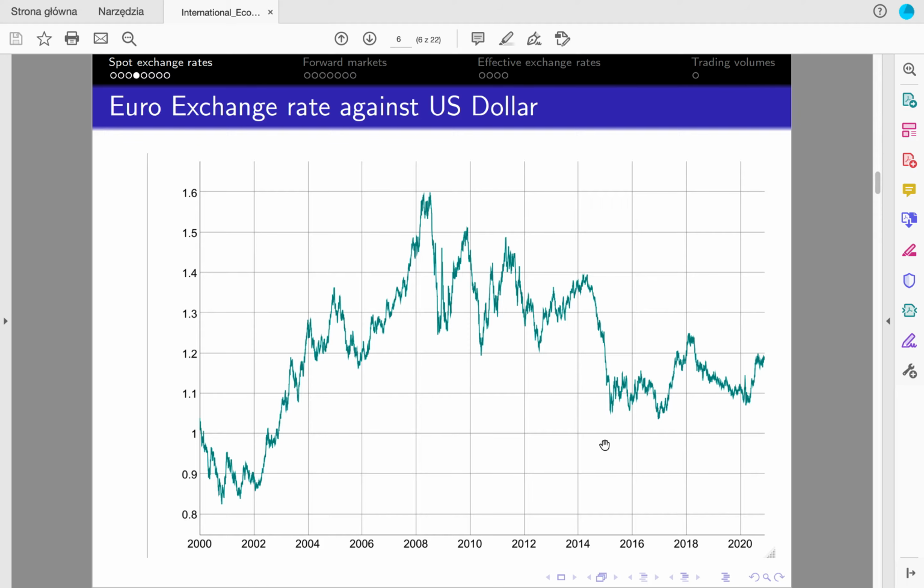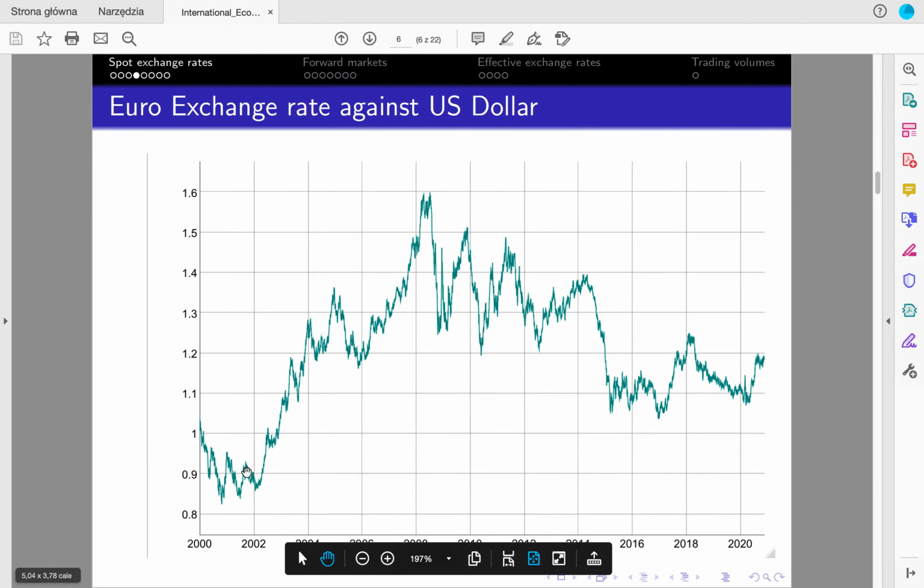So look, here we have the exchange rate of euro expressed in terms of dollars. What we see here is how many dollars I can get for 1 euro. This data that you see here is actually daily data.